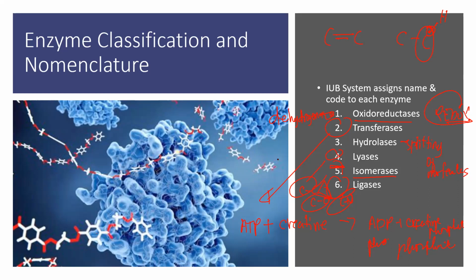So basically, these are the 6 classifications of enzyme. And the number beside it corresponds to its classification. Enzyme classification 1 should be oxidoreductase. 6 is ligases. Meaning to say, this corresponding number should not interchange.